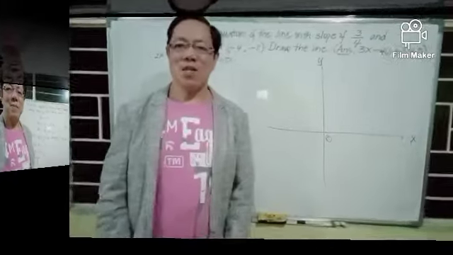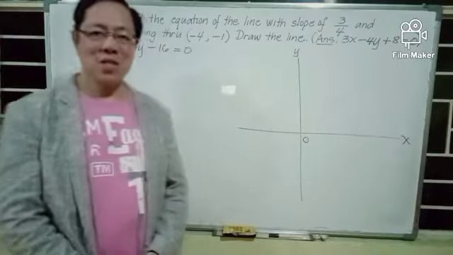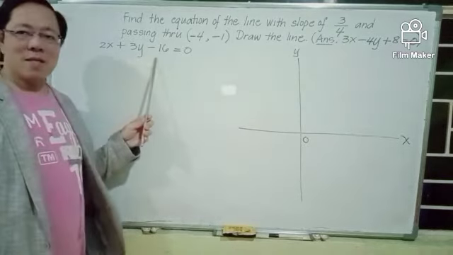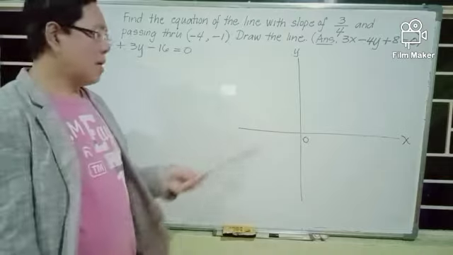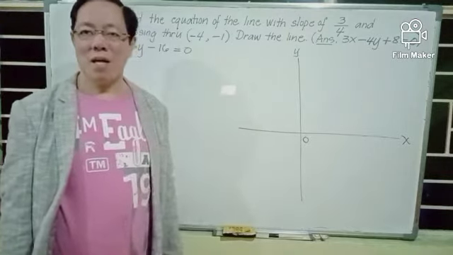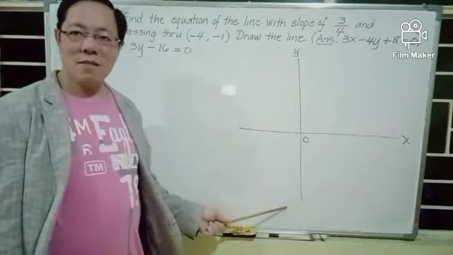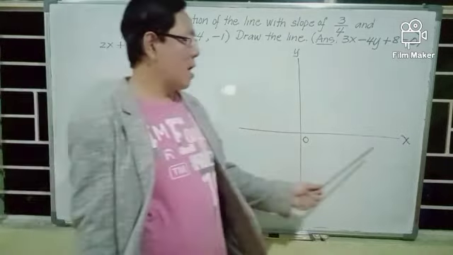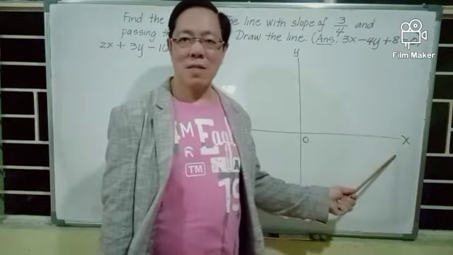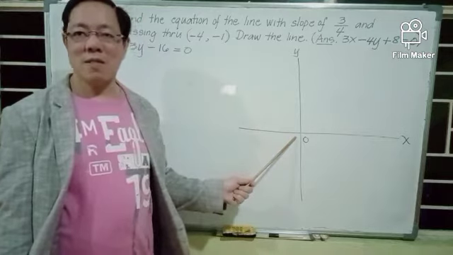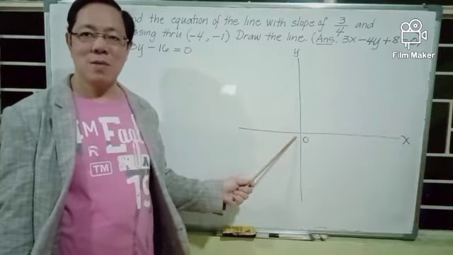We draw the line in the Cartesian plane with two coordinate axes. The vertical axis is denoted by y. The horizontal axis is denoted by x. And at the intersection of the two axes is the origin denoted by 0.